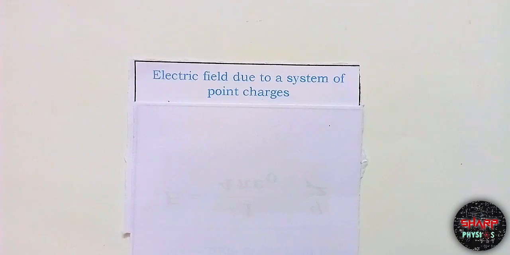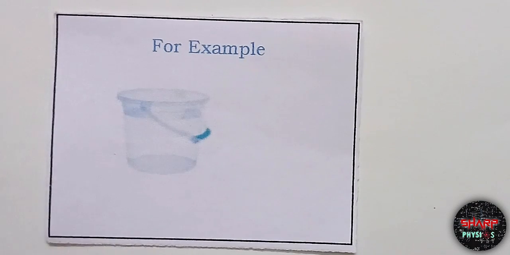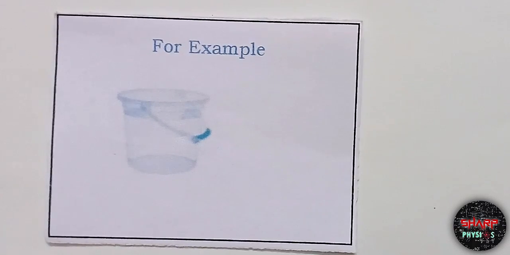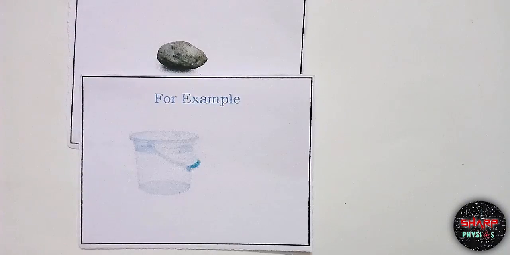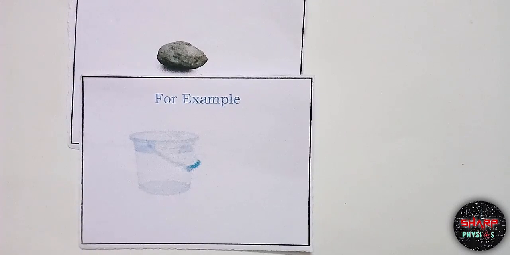First we will see a common example related to this. Take a bucket full of water. You can see that the bucket is transparent and filled with water to this level. You see that the water does not shake. Then take a small stone and put it into the bucket of water. Already the water was still, without any shake.